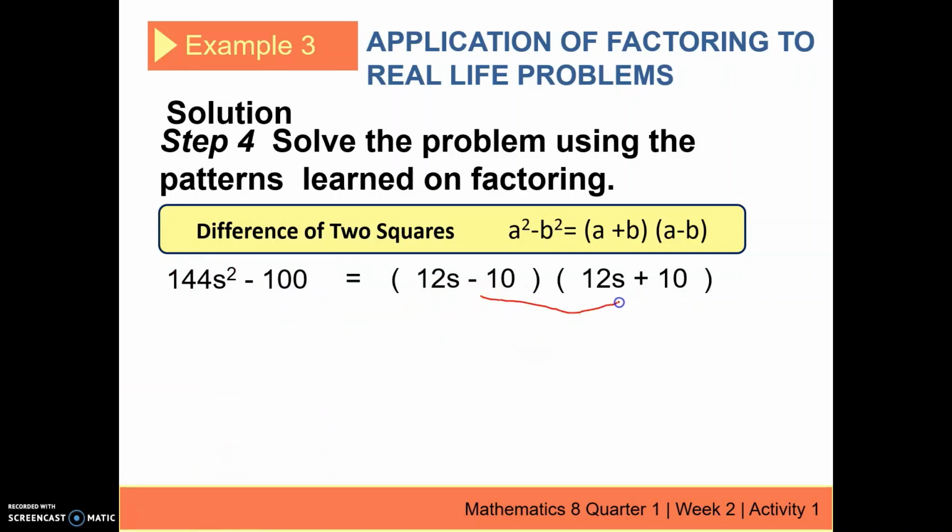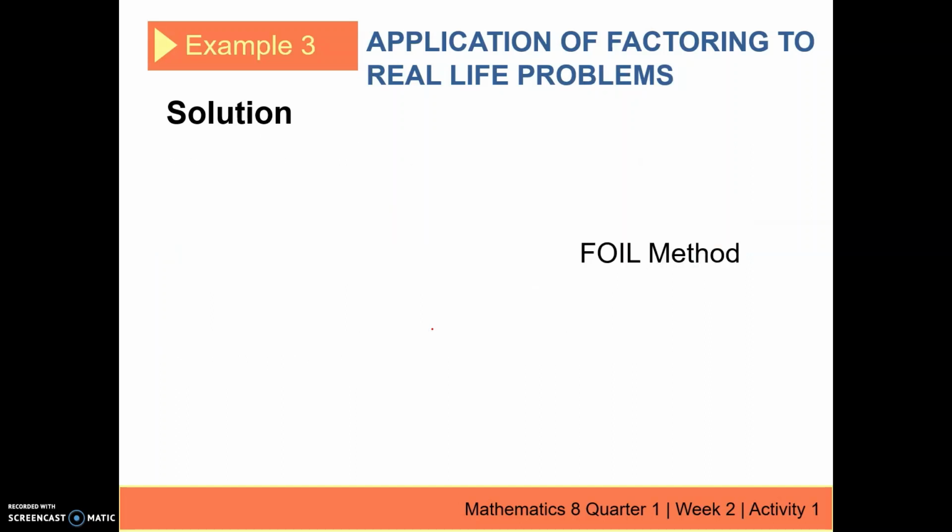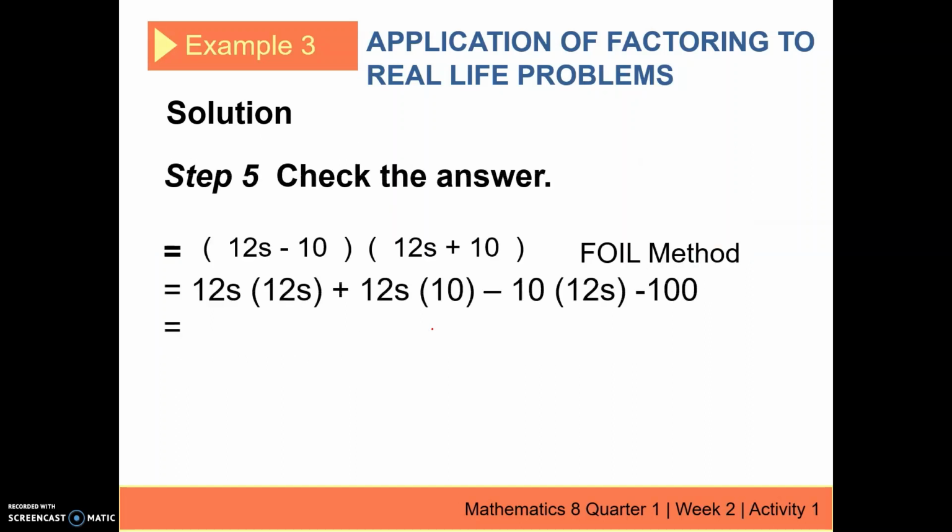We can interchange the two binomials since the operation involved is multiplication. They can be reversed. This implies that L is equal to 12s minus 10 meters and W equals 12s plus 10 meters. And let's check the answer through the FOIL method.